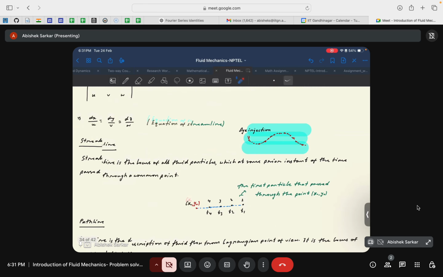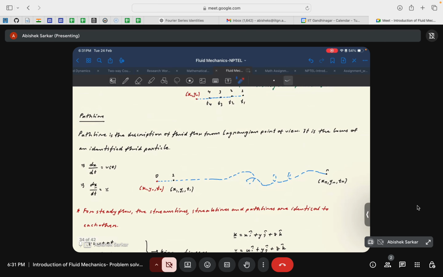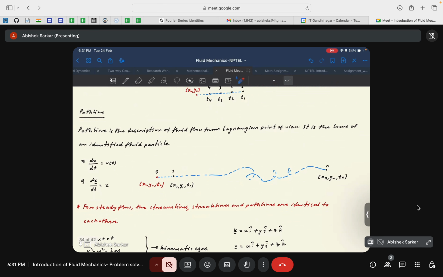So the final definition is the equation of the path line, where the path line is the description of fluid flow from the Lagrangian point of view. Again, it's a very simple mathematical description, similar to streamline, not in definition but in motivation. Streamline is defined mathematically to visualize the flow.